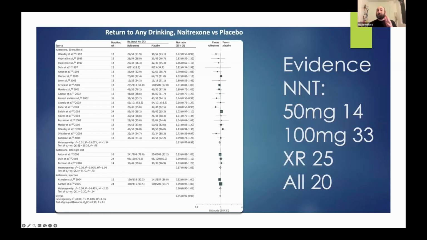The NNT actually looks a little less impressive when you look specifically at reduction in heavy drinking. It's a 6 for the 50 milligram oral. The 100 milligrams actually has a higher NNT, which might just be less compliance. It's not entirely clear.